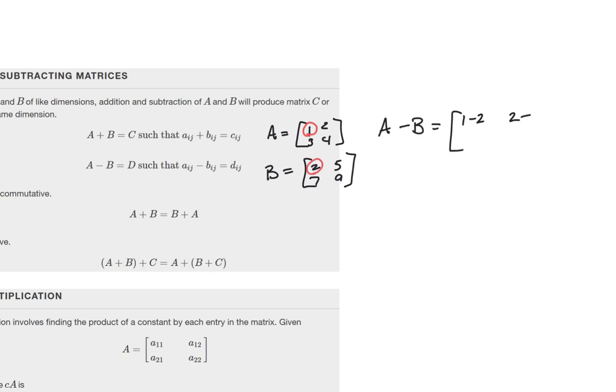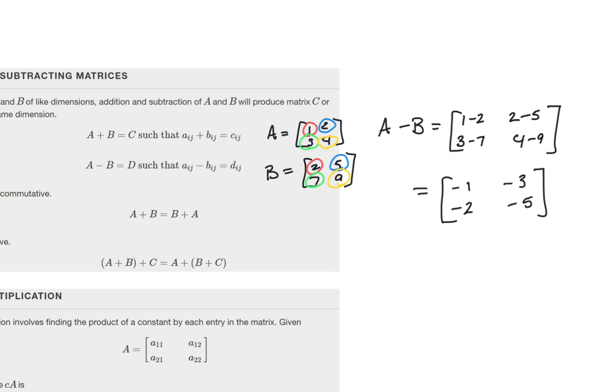Then I'd have 2 minus 5, then 3 minus 7, and then 4 minus 9. And so my answer, when I got done, is negative 1 in the 1,1 position, negative 3 in the 1,2 position, negative 2 in the 2,1 position, and negative 5 in the 2,2 position, and that would be my answer.